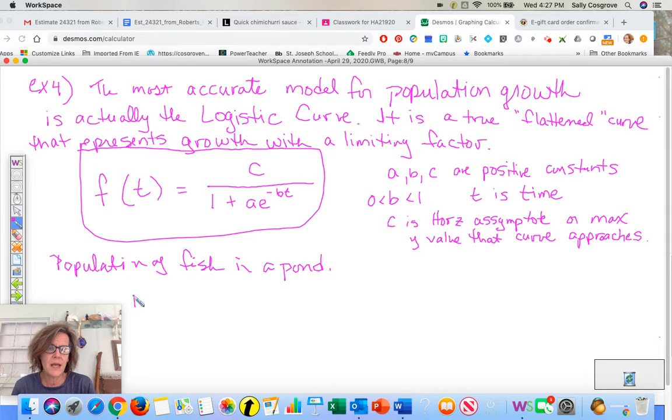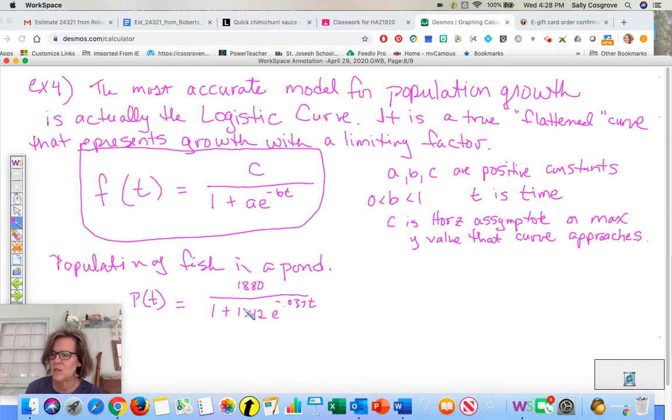So we'll say P of t, the population over time, is equal to 1880, that's our C, divided by 1 plus 1.42 times e to the negative 0.037t. And this is just an equation that models the population of fish, right?